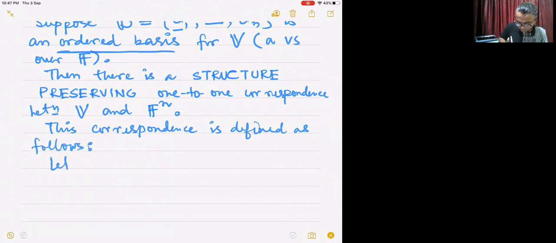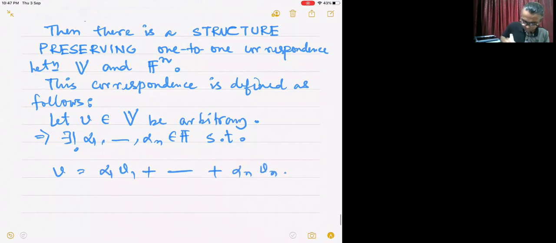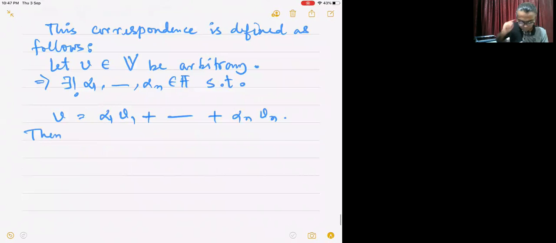Let v in V be arbitrary. This implies there is a unique alpha 1 dot dot dot up to alpha n in F such that v is equal to alpha 1 b1 plus dot dot dot up to alpha n bn. Then v, the vector in V, is associated to the n tuple alpha 1 dot dot dot up to alpha n.